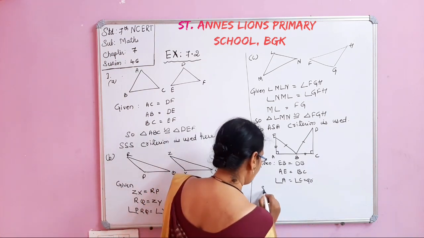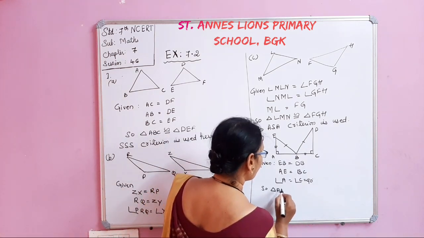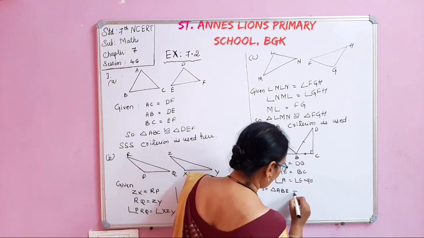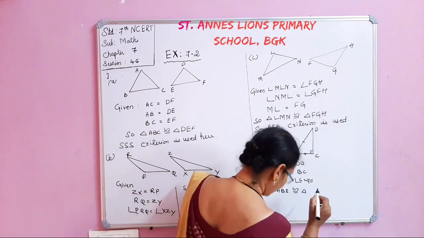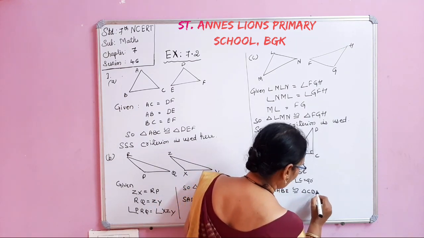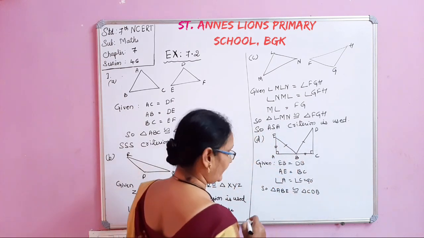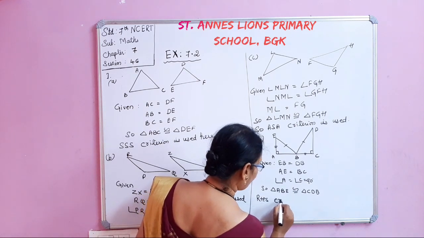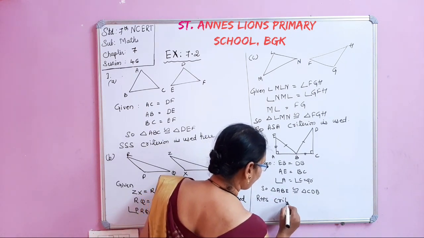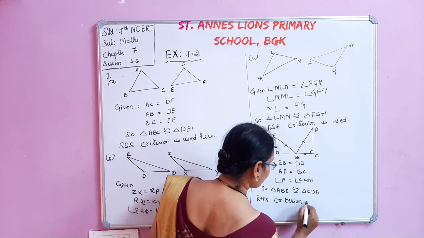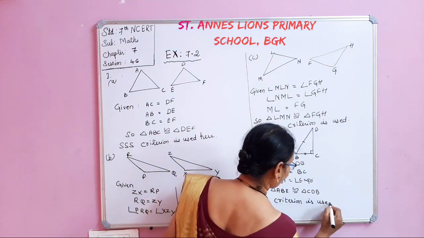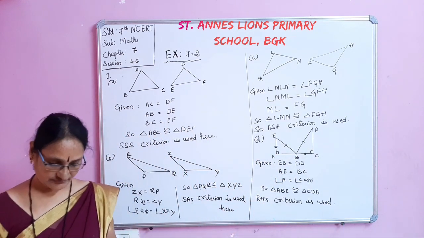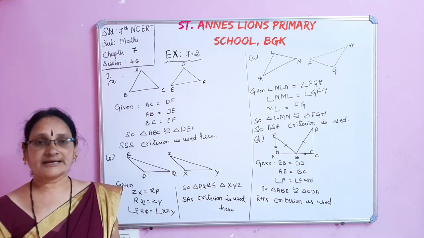So triangle ABE is congruent to triangle CDB. Which criterion is used here? RHS criterion is used here. So this is the method of solving the problems using the criteria.